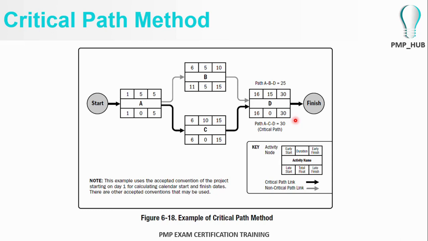In the critical path method, we go on a backward calculation to find the float. The earliest finish date of the project is 30, so we can include it as the latest finish date here, and activity D needs 15 days to complete.